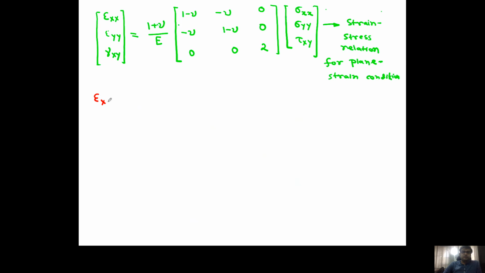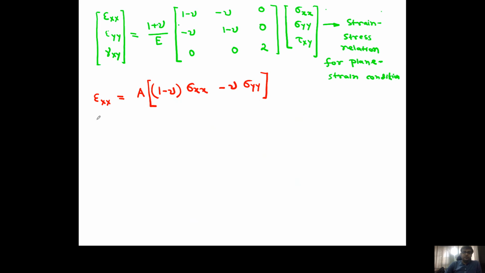Epsilon xx is, so this part is common, so I'm not writing this part, okay? Or maybe I'm writing it as a. So there is one a which is common, and then what do we have? 1 minus nu sigma xx minus nu sigma yy.